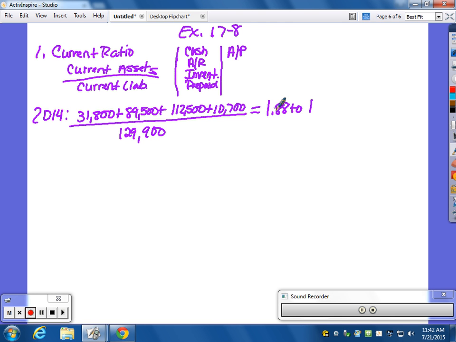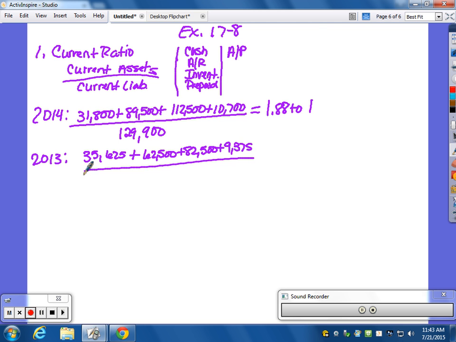What about 2013? The cash amount is 35,625. Accounts receivable, 62,500. Inventory, 82,500. Prepaid expenses, 9,375, divided by accounts payable.